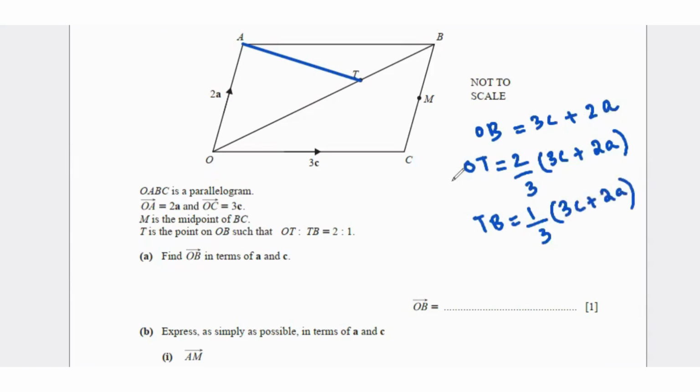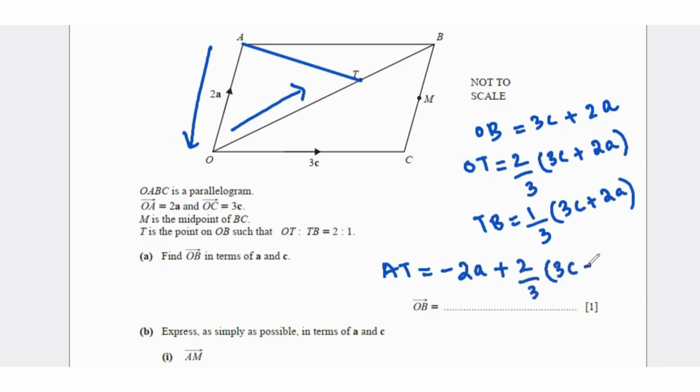So to find AT, we add AO with OT. That's going to be -2A plus 2 over 3 times (3C plus 2A).